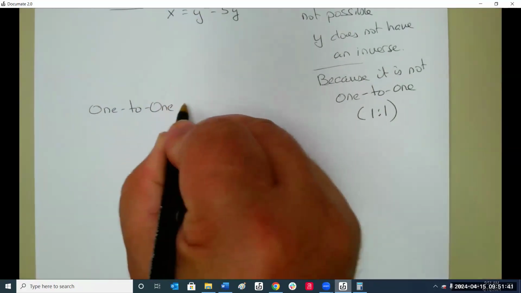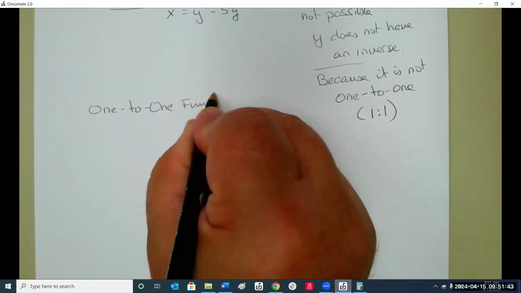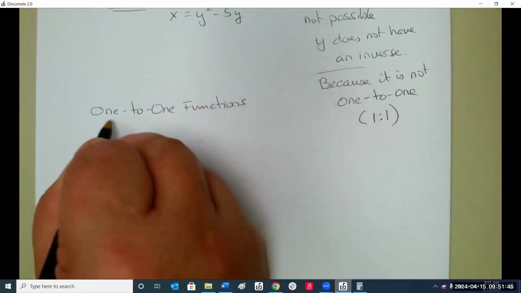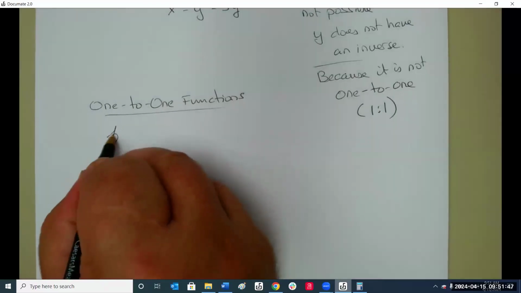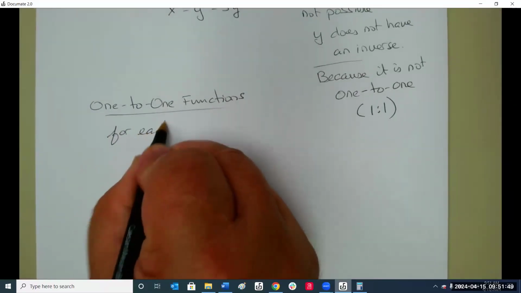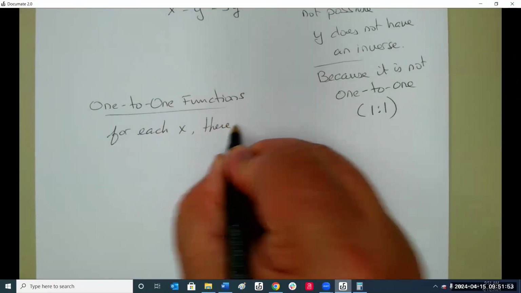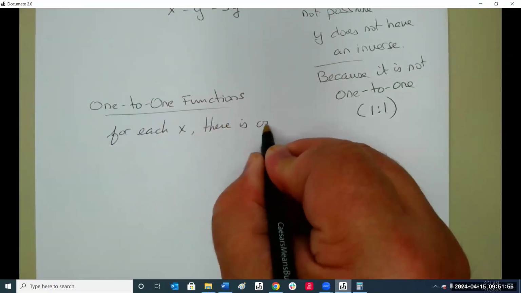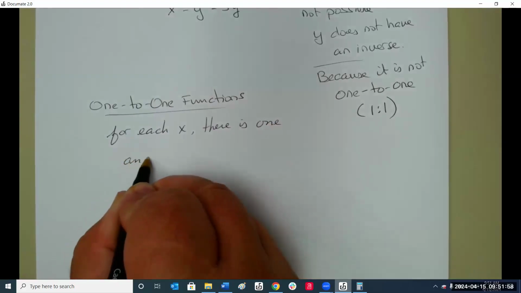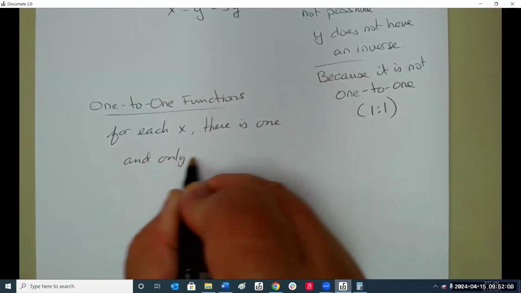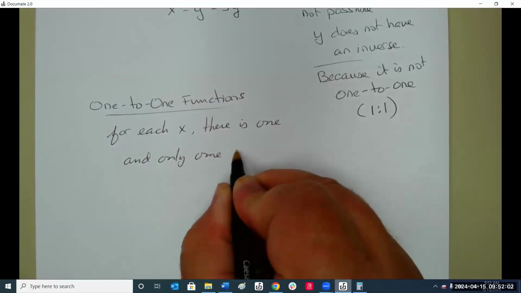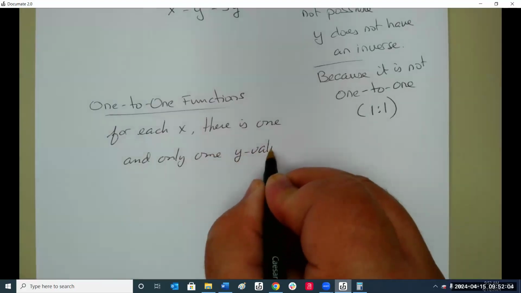1-to-1 functions: for each X, there is one and only one Y value.